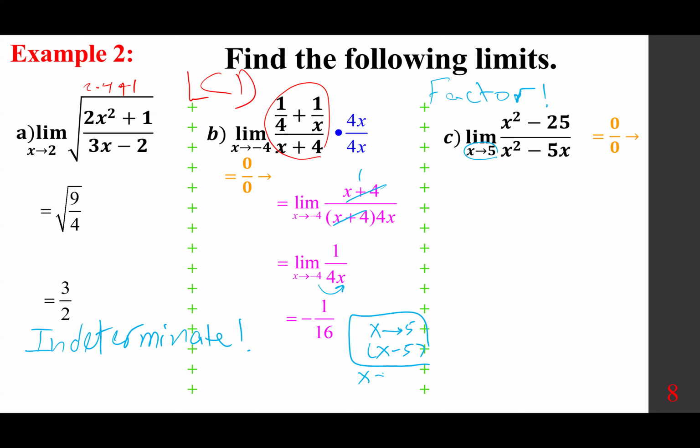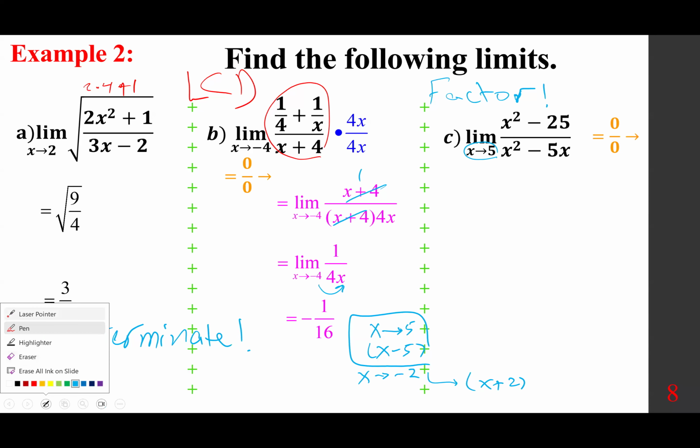If x is approaching, let's say, minus 2, then we should have a factor of x plus 2. Needless to say, we can easily factor the denominator as x times x minus 5. The numerator is x squared minus 5 squared.